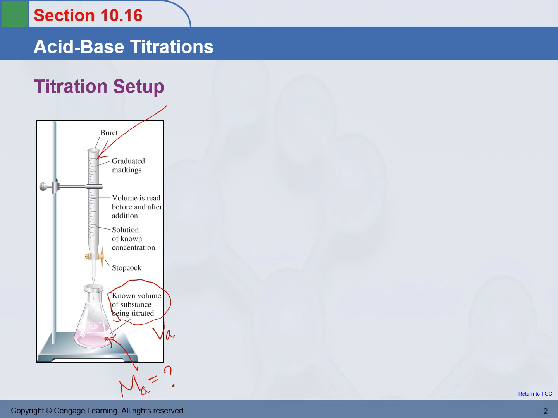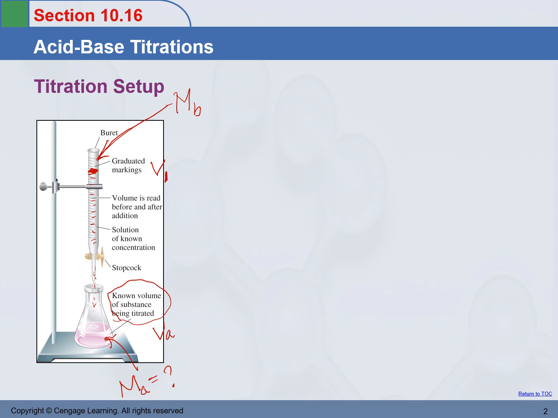Inside this burette, you add a base with known concentration, and you open the stopcock, you start adding base to it. At the beginning, when you add the base of known concentration, you read the initial volume. Let's call it volume 1, the first reading.